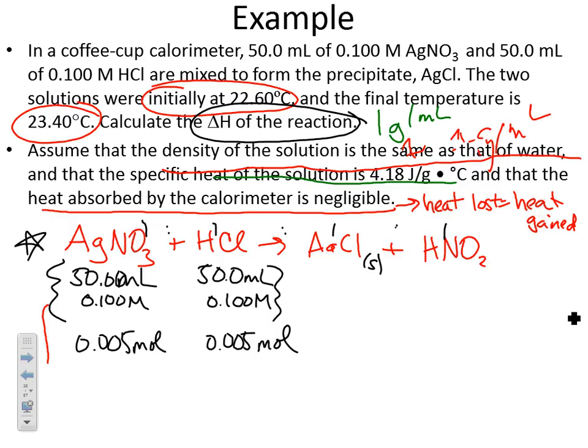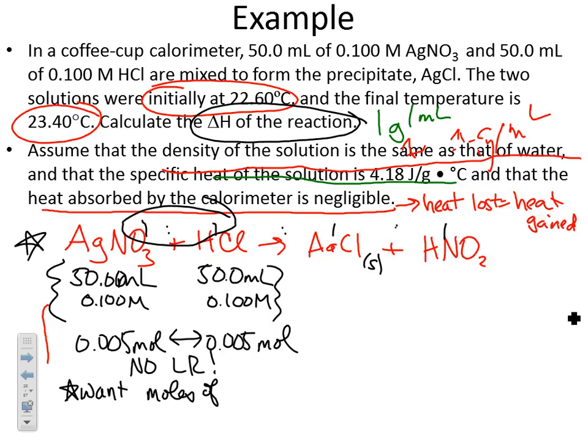These guys are in a 1-to-1, right? They're reacting in a 1-to-1 ratio. Oh, look, we have the same amount of moles of each one. This means that there's no limiting reactant, that everything is getting used up. So they're both completely consumed, but you only want moles of one species when you're calculating delta H.